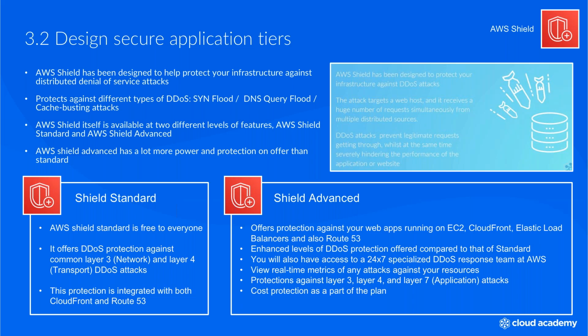Some fun facts about Shield Advanced: it costs quite a bit of money, something to bear in mind. But what you buy with that money is insurance, because if you do get hit with a DDoS attack and you have Shield Advanced, correct me if I'm wrong on this one, because it might be a different service, AWS will pay for all the load on your resources if that is a qualified DDoS attack.